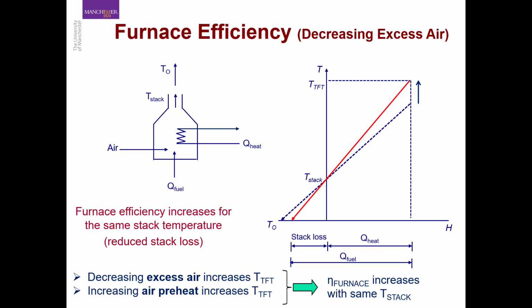And most of the time we use the exhaust, or the flue gas after the stack temperature, to preheat the air. Obviously we have to be careful about the dew point. If the dew point is low enough, it gives us some temperature range here that we can use to preheat the air. So let's say the stack temperature is here and our dew point is relatively lower, then we can use this part of the exhaust gas to preheat the air and increase the efficiency of our furnace.